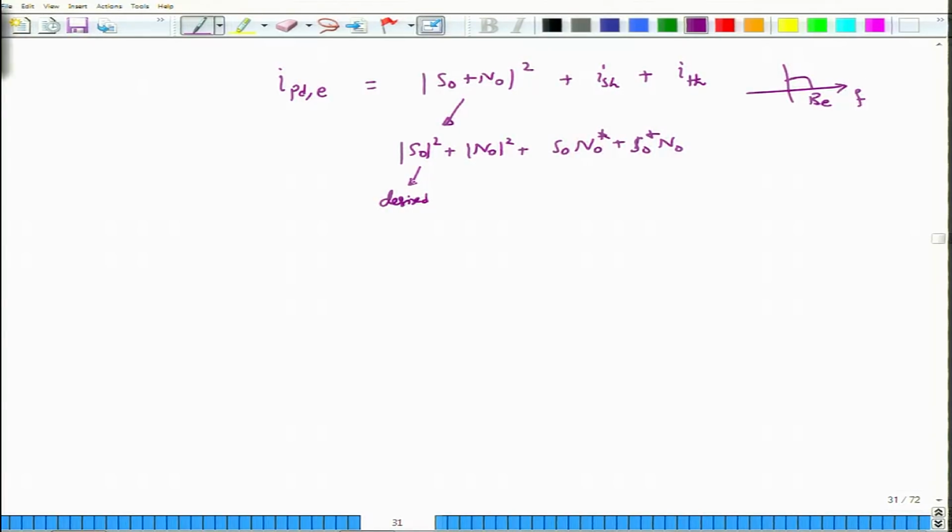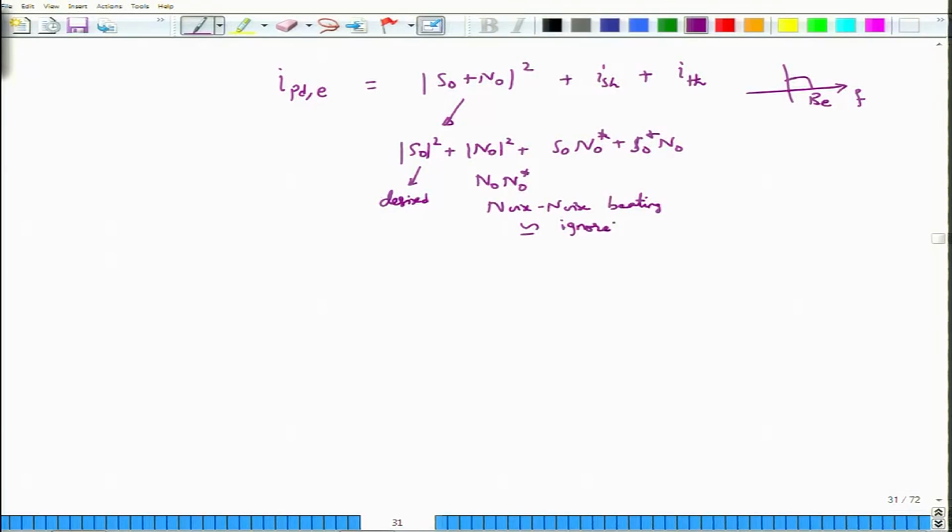But to this optical power, I have this term which is N_O^2, which can be thought of as N_O N_O conjugate, and this is called noise to noise beating. The noise spectrum beats with itself to generate this additional noise called noise to noise beating, and usually this is quite small so that we can ignore it.